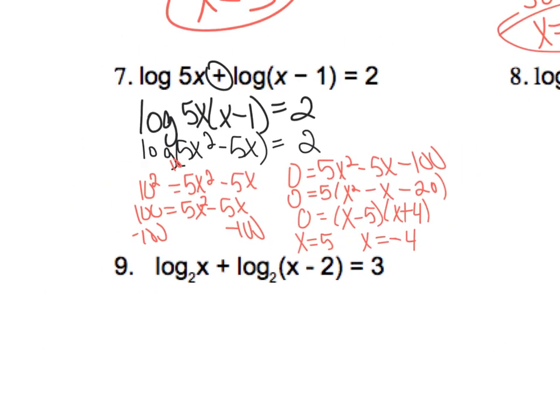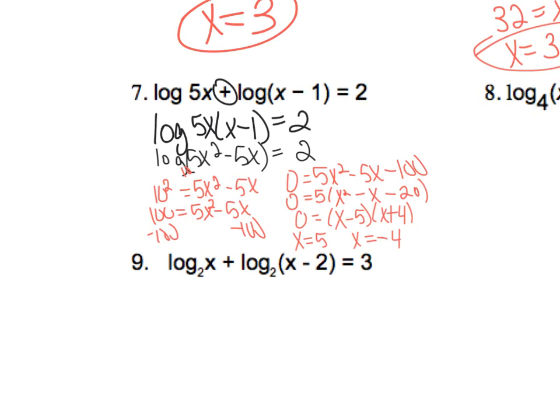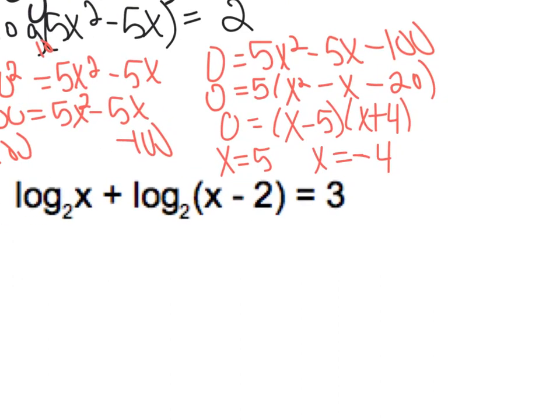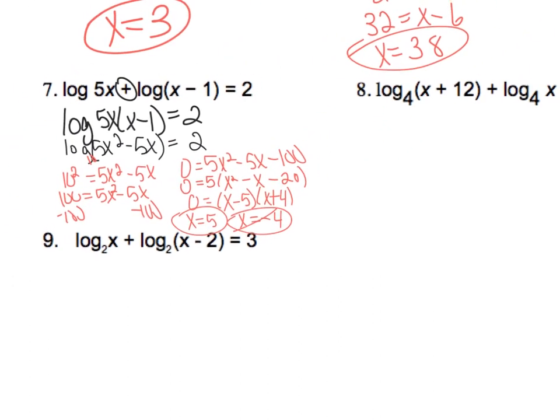And when I go back to my original equation, putting 5 in for x is fine, but when I put negative 4 in for x, I get the log of a negative number, which means negative 4 is extraneous and x equals 5 is my only solution.